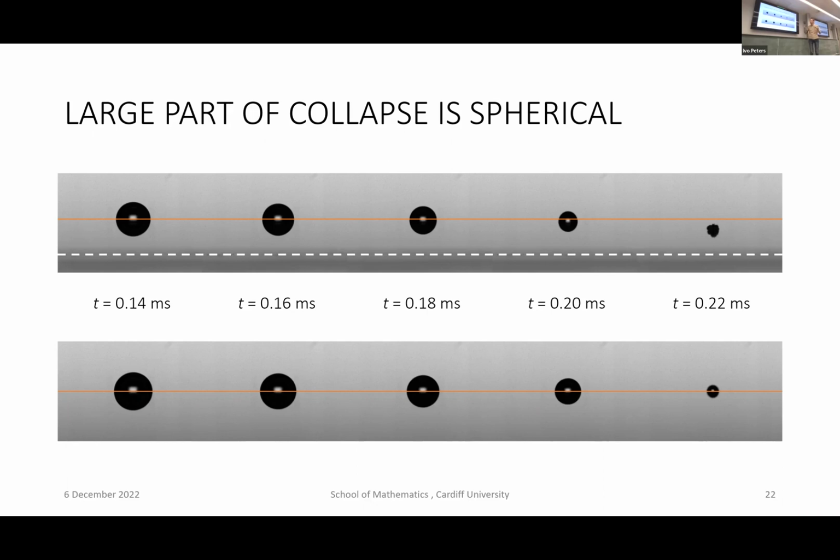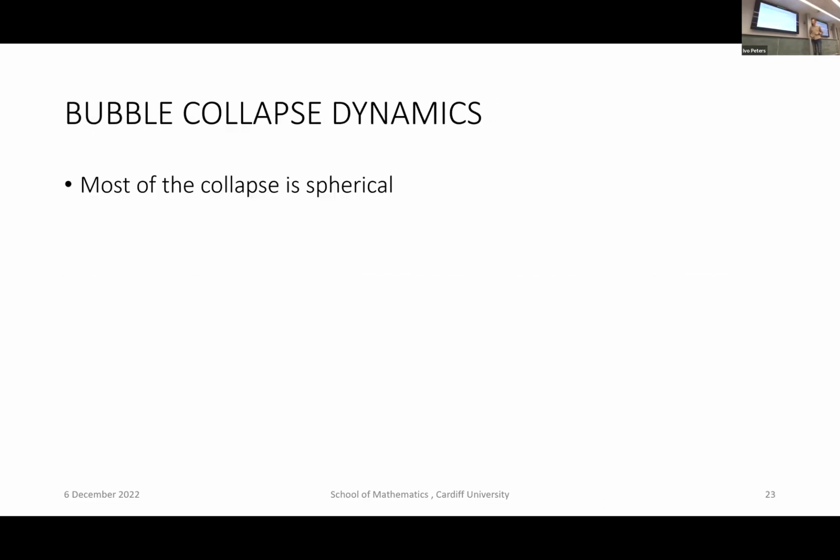And the main point of this is that this is really good news for us, because this means that we can maybe model this collapse without taking into account that this bubble is collapsing asymmetrically, or that there's displacement during the collapse. And that would make our analysis much, much easier.